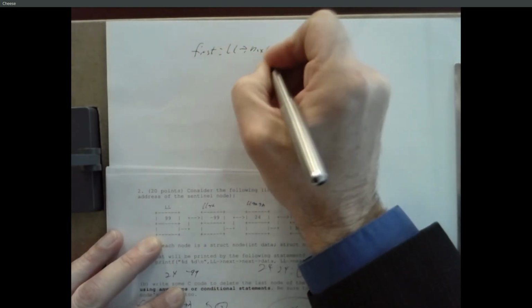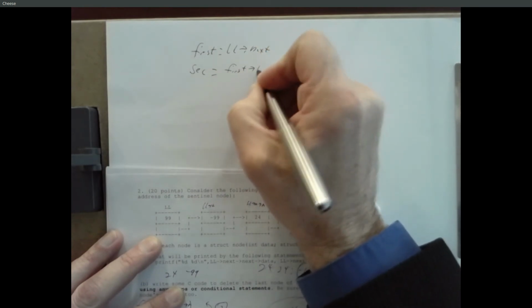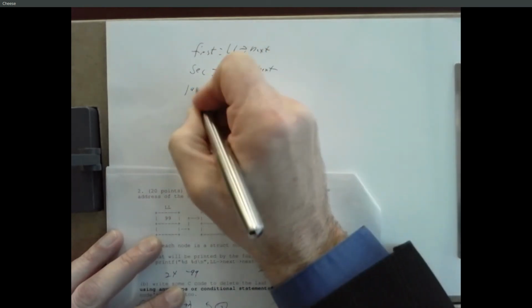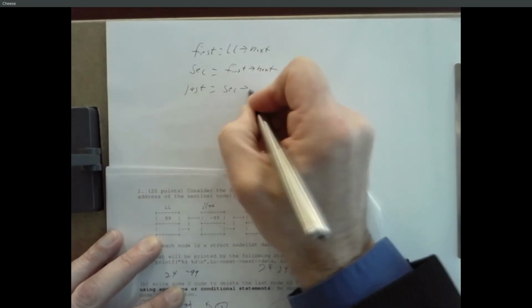So a few people did this, and I thought this was great. So let's put our list right there. So first equals LL next. Second equals first next. Last equals second next.